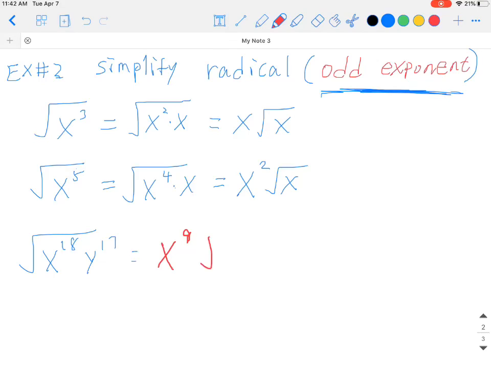But y we cannot, so let's split it into 16 and then 1, since 16 plus 1 equals 17 from the law of exponents. And what we get is y to the 16 divided by 2, we take out y to the 8. And what I have inside is y to the 1, or we can just say y.